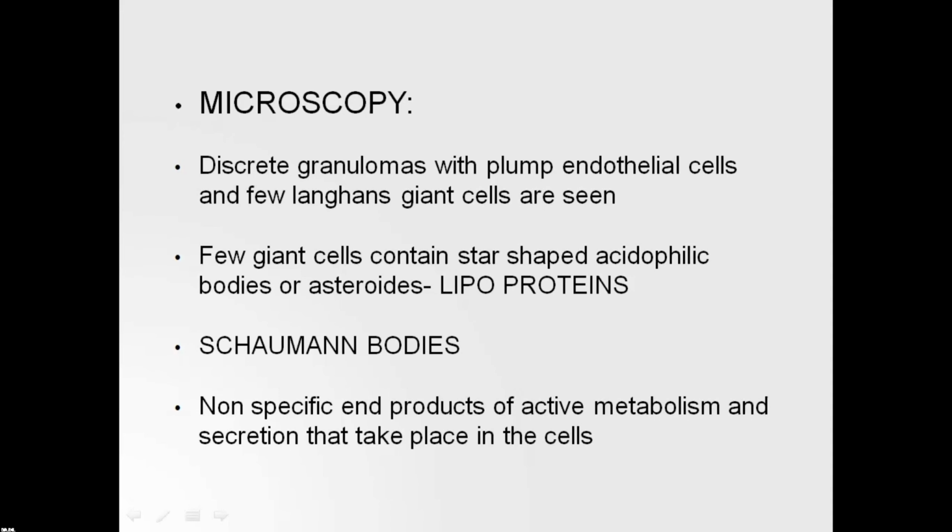On microscopy, discrete granulomas with plump epithelioid cells and a few Langerhans giant cells are seen. Few giant cells contain star-shaped asteroid bodies or Schaumann bodies, non-specific end products of active metabolism and secretion that take place in the cells.